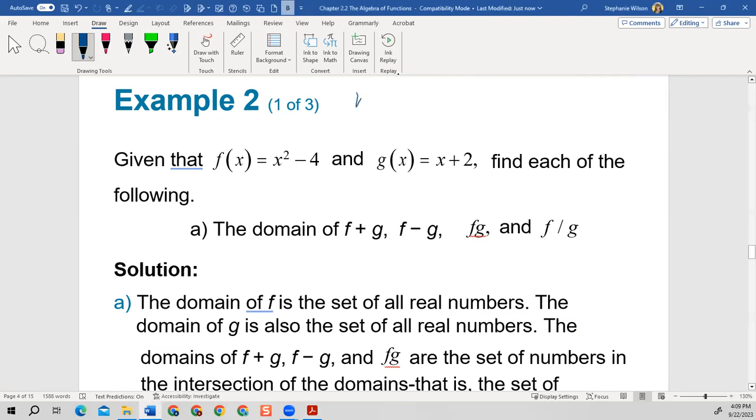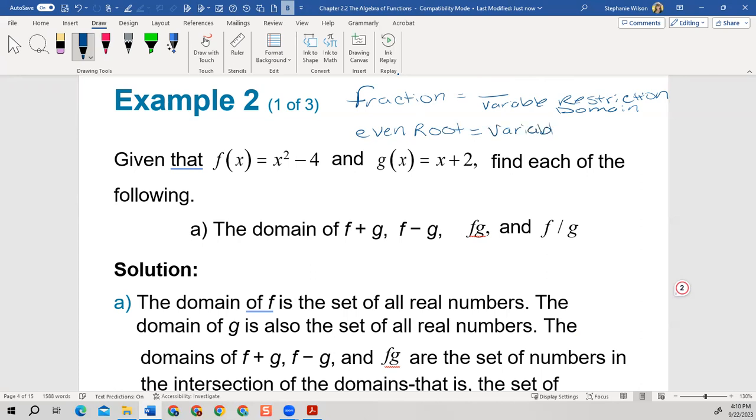What you want to look for is fractions. If you have a variable in the denominator, then there's going to be a restriction, and that's what we're going to look at for our domain. If we have an even root, then we're going to take that variable and set it greater than or equal to 0 and solve for it, and then we'll have our domains, we'll have our restrictions.